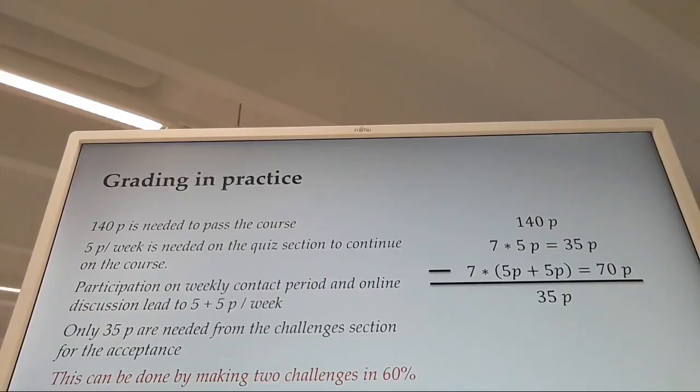Are you more interested in the energy metabolism, or in the circulation or neural activity, etc.? And so you will have quite large freedom.